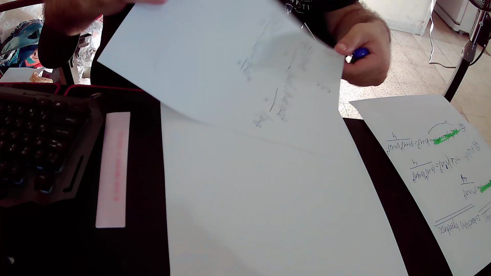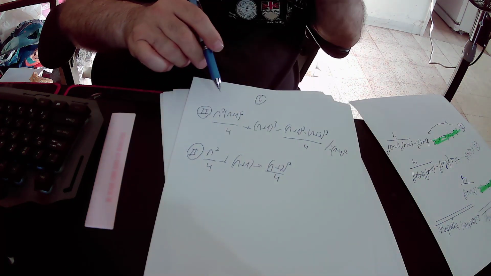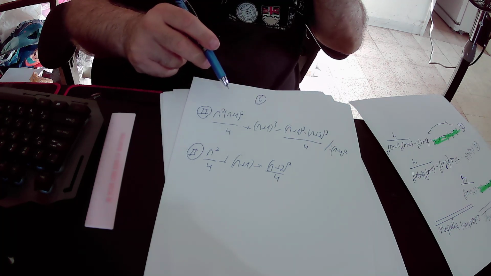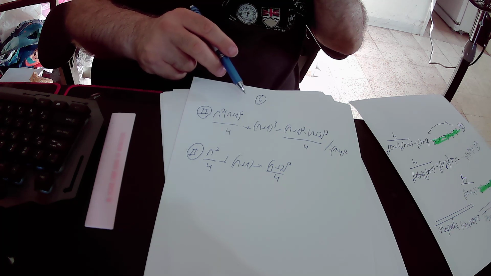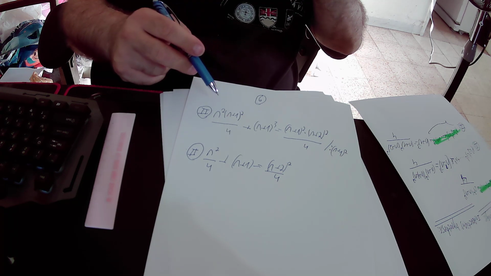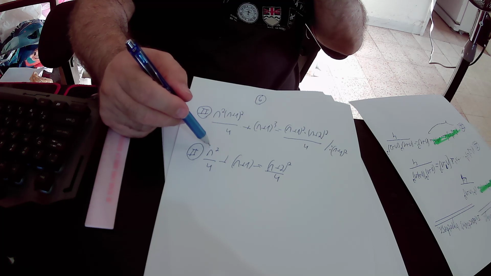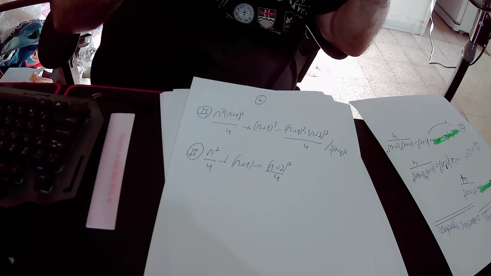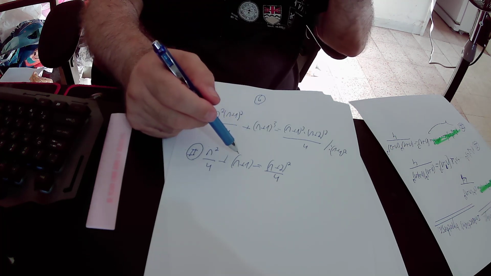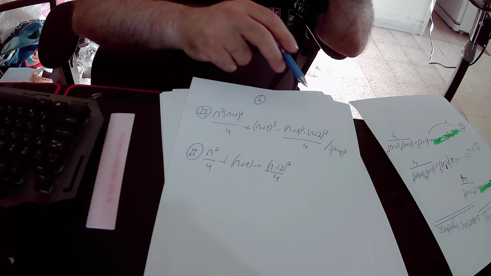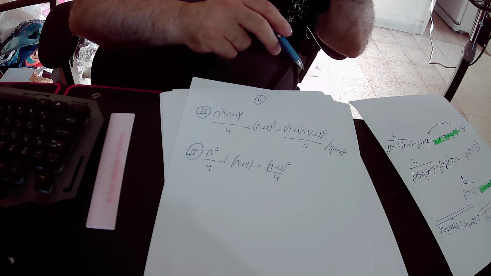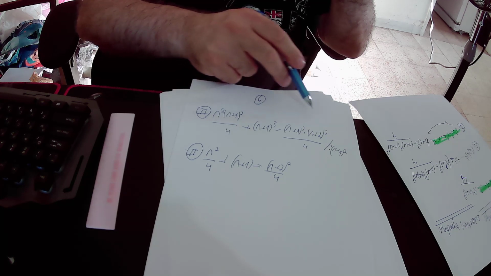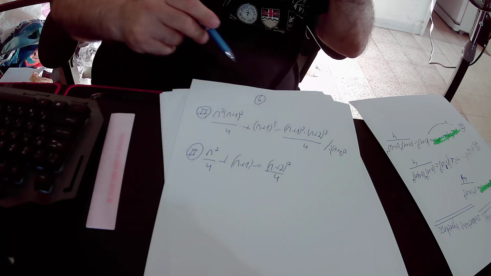So after we divided both sides of the equation by (n plus 1) squared, we got that n squared divided by 4, plus n plus 1, equals (n plus 2) squared divided by 4.